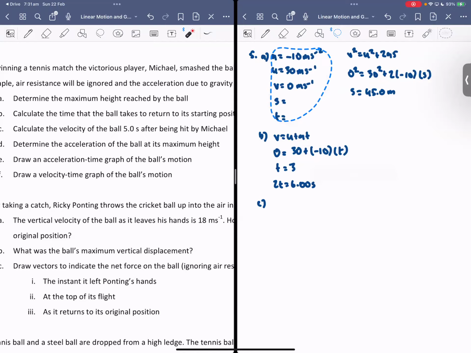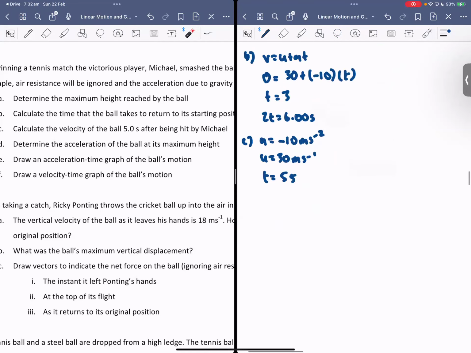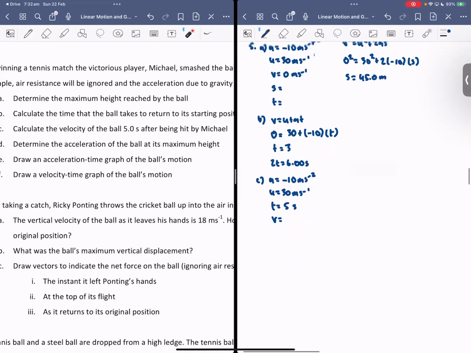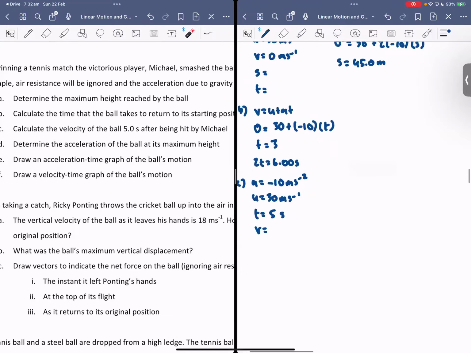A is still negative 10. U is still 30. V is now unknown. And what we actually know is time is 5. They want to know what happens after 5 seconds. That's what I want, so I again use V equals U plus AT.